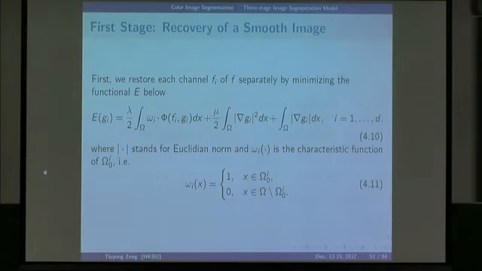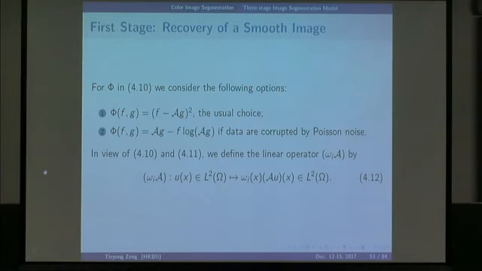For example, you have D channels. For each channel you do the minimization separately. Here we can slightly modify these terms to integrate missing values. And the data fidelity term could be different, L2 or other terms, to satisfy different noises.